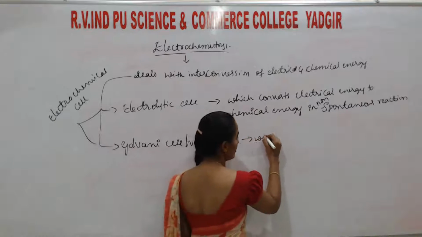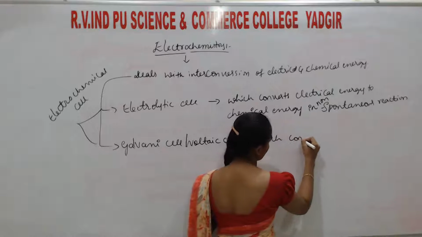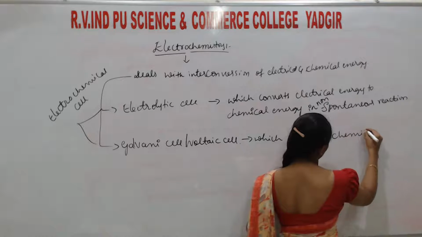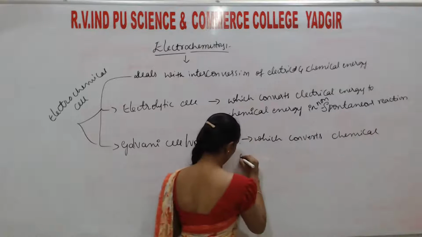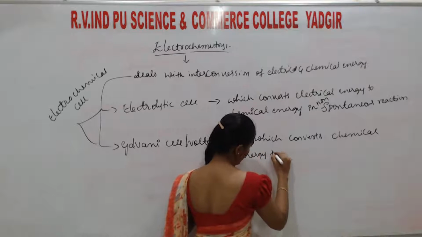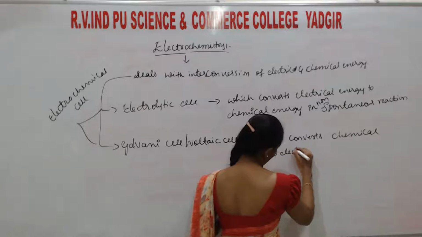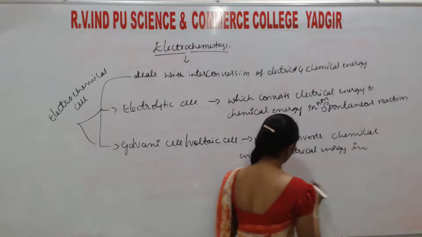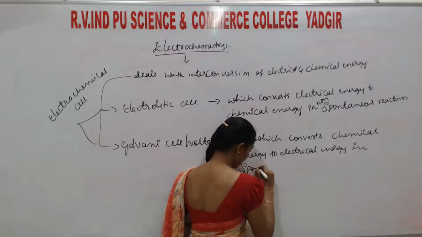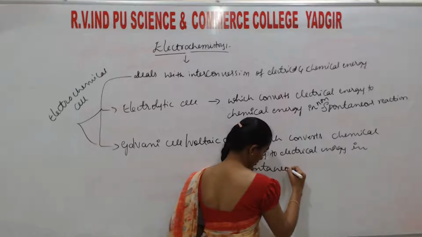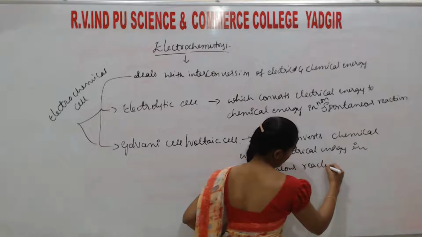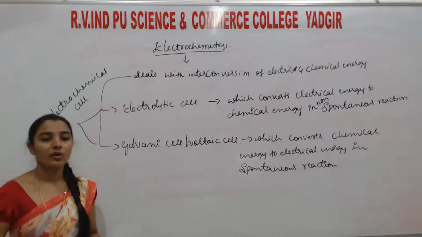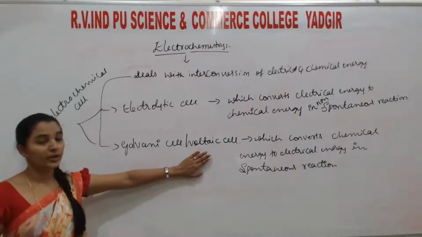The one which converts chemical energy to electrical energy in a spontaneous reaction is called a galvanic cell or voltaic cell.